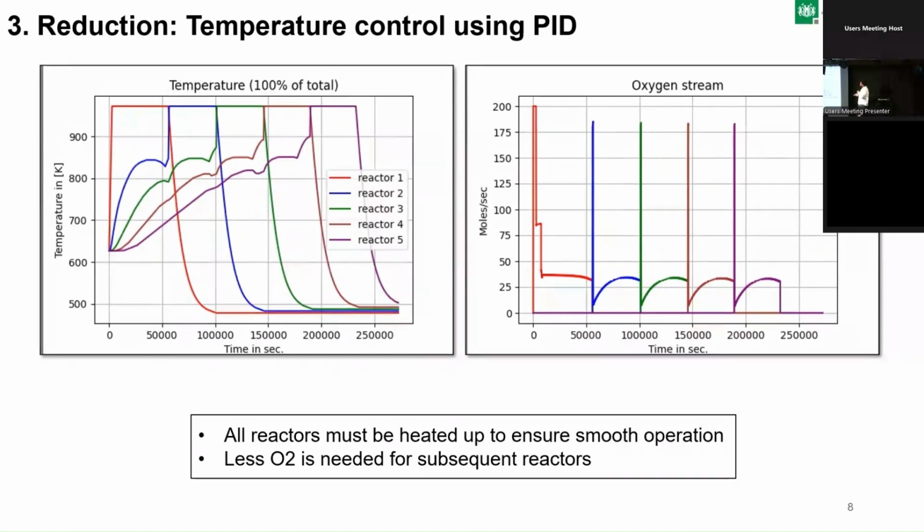However, we can see in this diagram that the subsequent reactors actually need less oxygen than the previous reactors, and this is due to the energy transfer from the previous reactor. So actually this makes the process easier for us to understand and visualize.